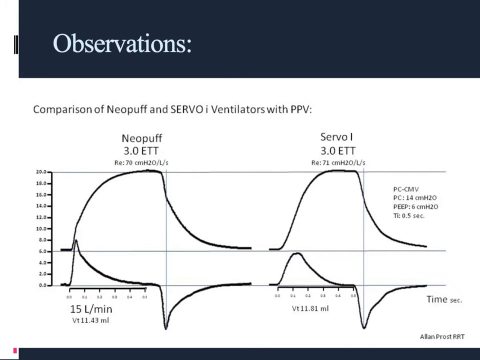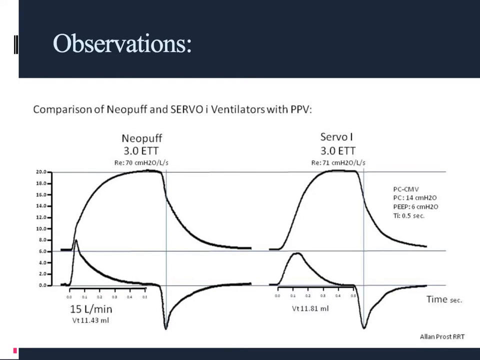So here's a detailed graph representing the NeoPuff with a background flow rate set at 15 liters per minute. So we're trying to optimize that positive pressure delivered. And here's a servo i ventilator ventilating the exact same ASL5000 situation, and we can do a comparison between the two.